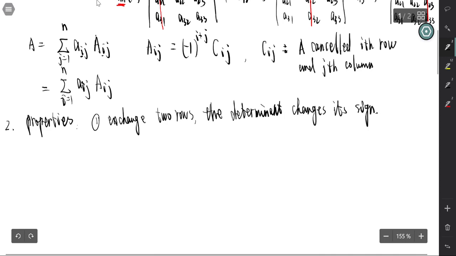When we interchange or exchange two rows, then the determinant changes sign, from positive to negative, or from negative to positive.